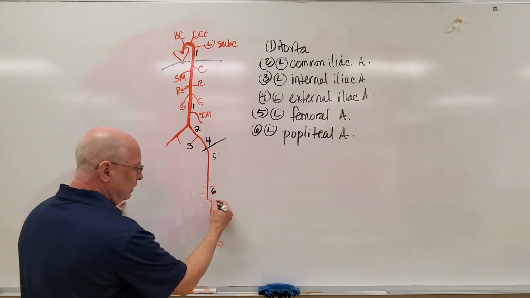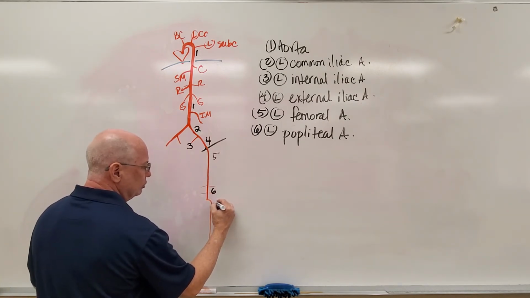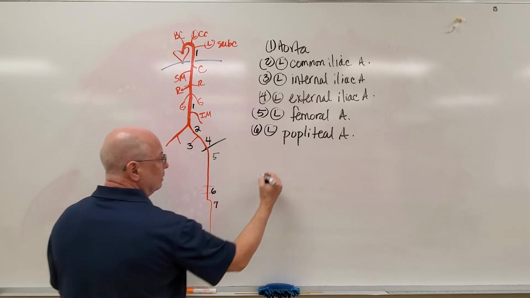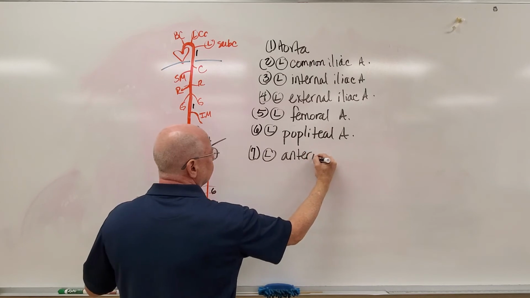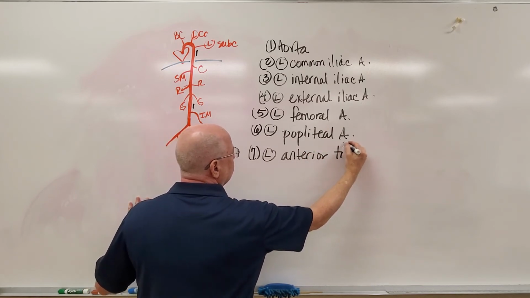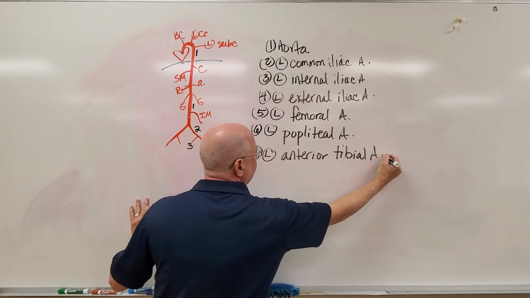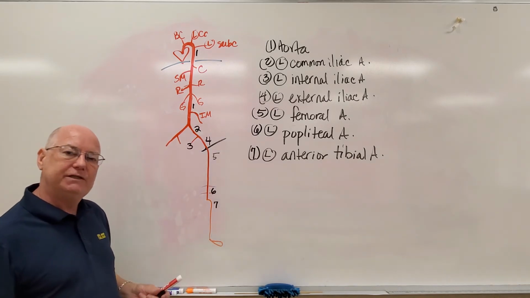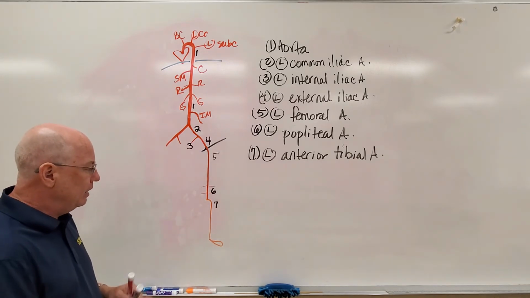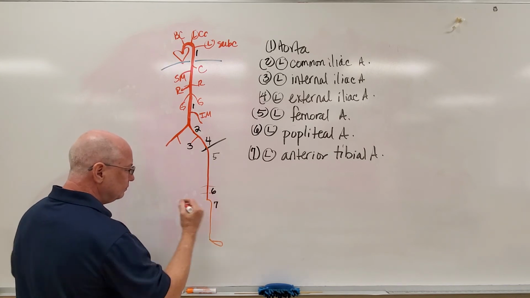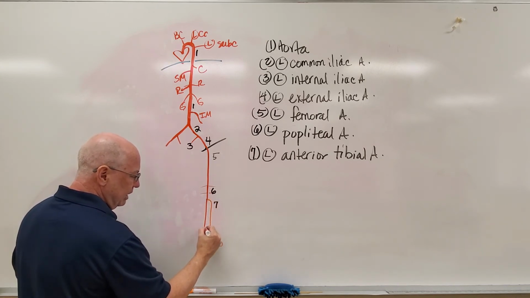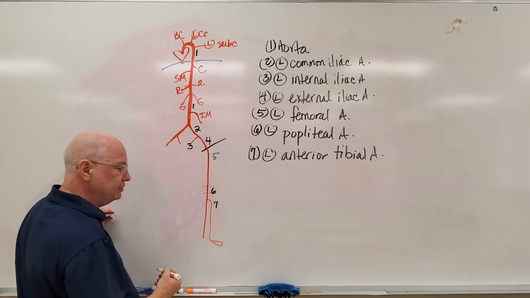Now, this next branch coming off here is going to be called the left anterior tibial artery, because it runs along the front of the tibia, your shin. And the popliteal artery continues straight down, but changes names after the anterior tibial comes off.